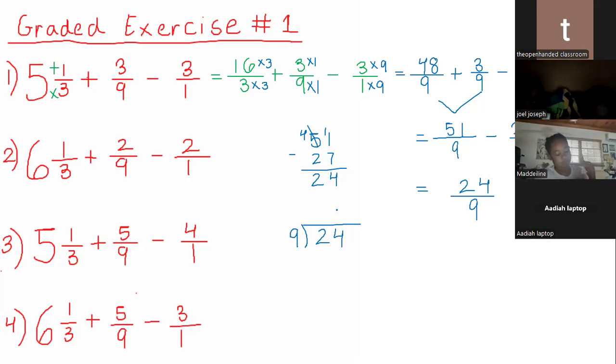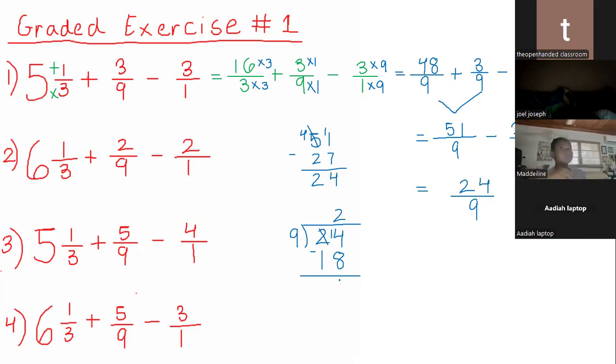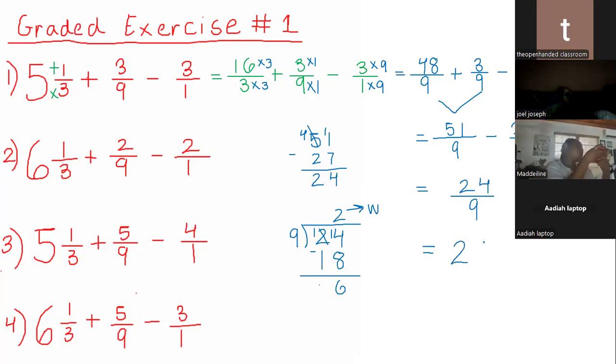Twice. 9 times 2 is 18. 24 minus 18 is 6. So 2 is the whole number, and we have 6 over 9. It's 2 and 6 over 9.